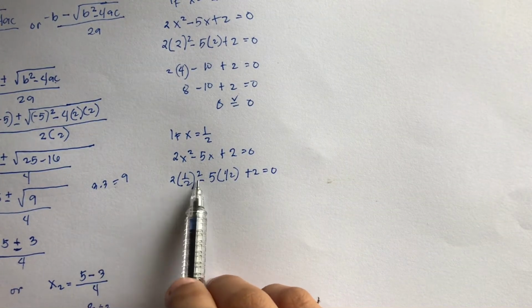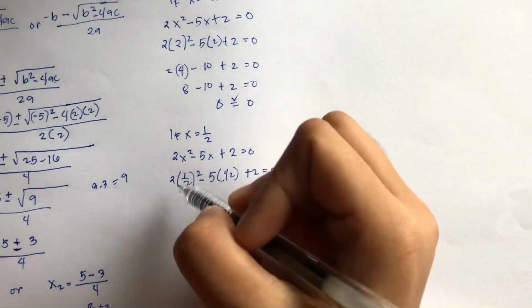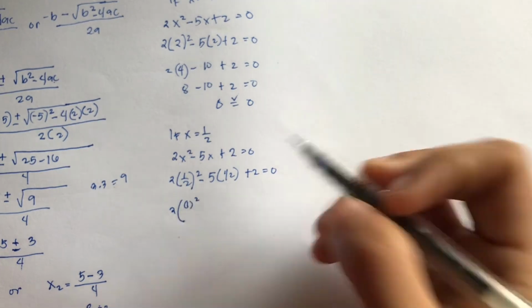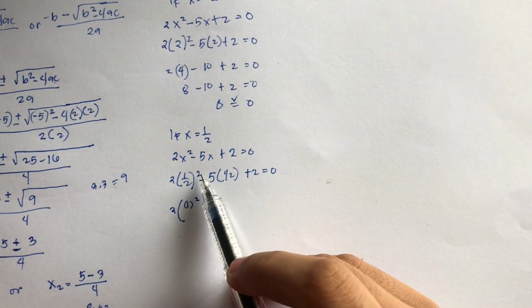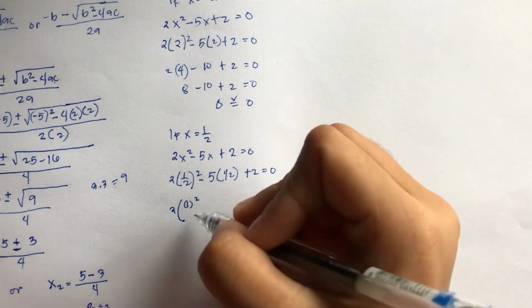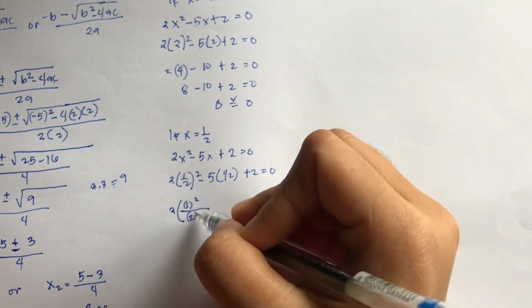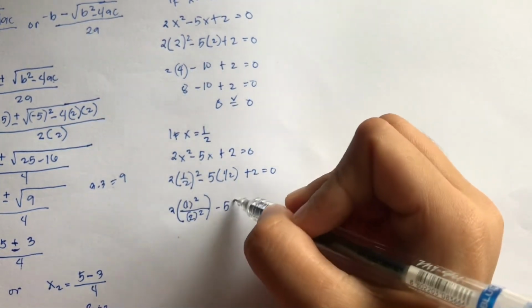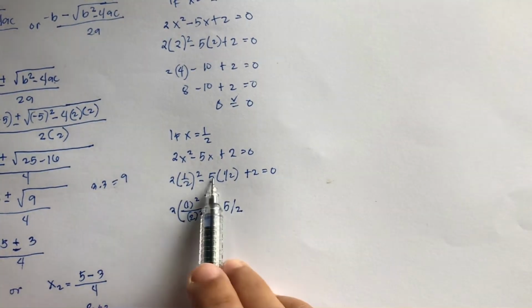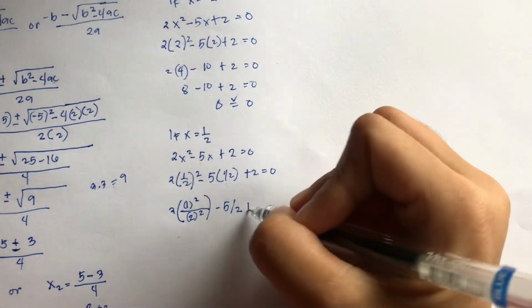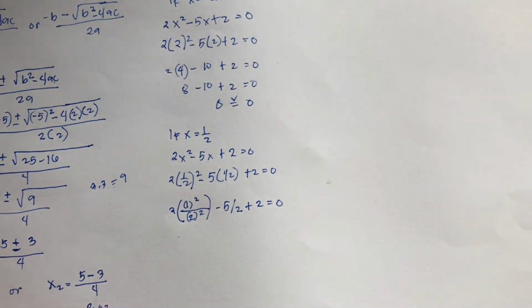So, we first work on the inside of the parenthesis. We copy 2, and then 1 becomes squared. We just substitute 2 in the denominator and the numerator. So, we have 2 squared as well, minus 5 over 2. 5 times 1, that's 5 divided by 2, plus 2 equals 0.